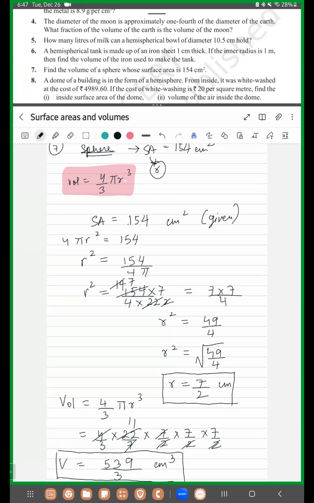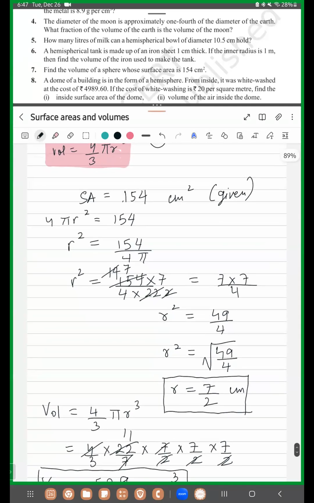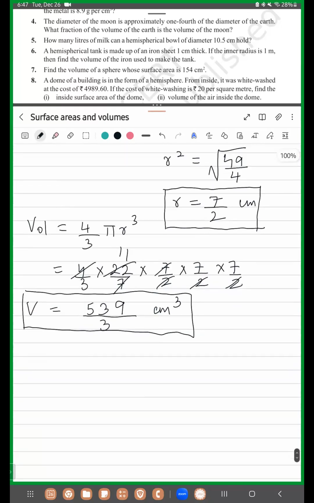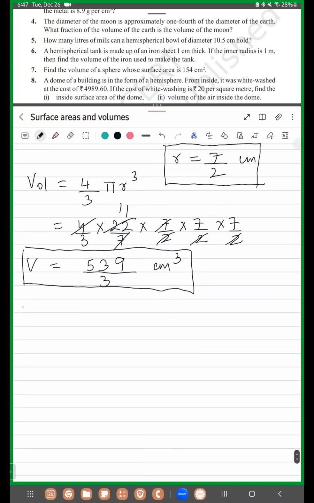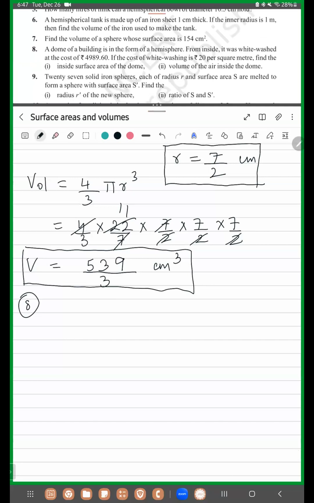Okay, let's move ahead now. Eighth question. A dome of a building is in the form of a hemisphere. Okay, so you can imagine there's a dome of a building which is in the shape of a hemisphere.